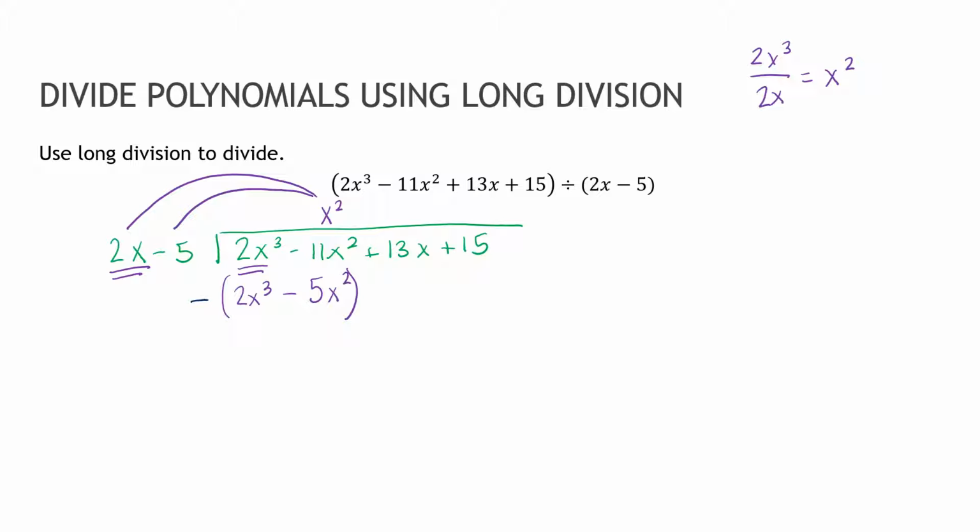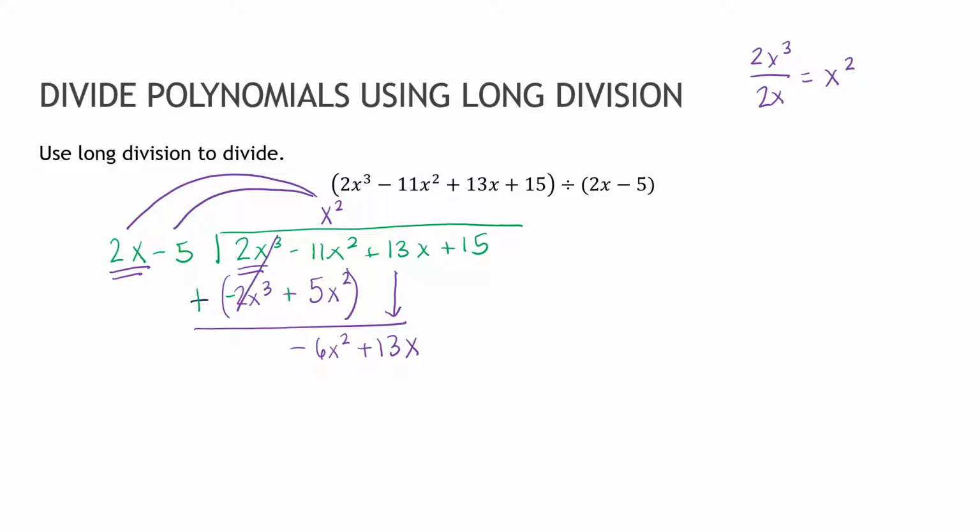And when I subtract that, what happens is I'm actually adding the opposites. So what I end up with is 2x squared plus negative 2x squared, and a negative 11x plus 5x, or negative 6x squared. Just like with long division, I then brought down the next term, 13x.